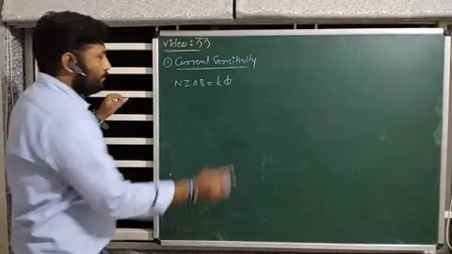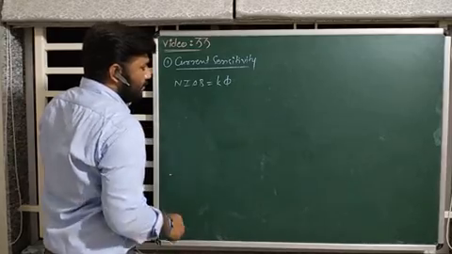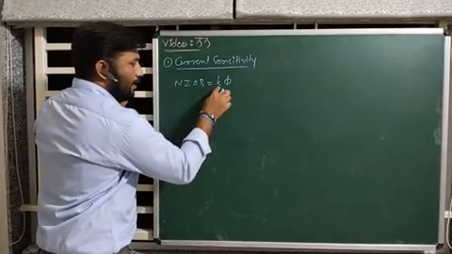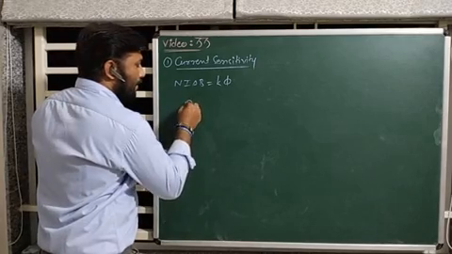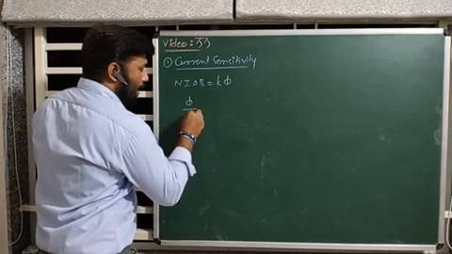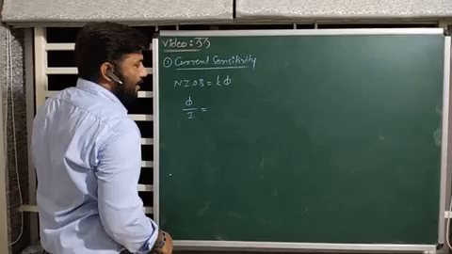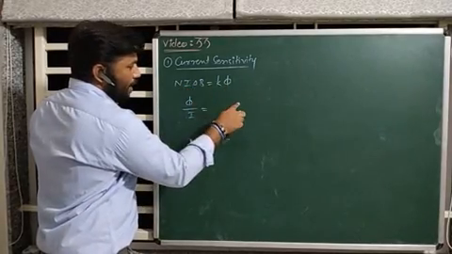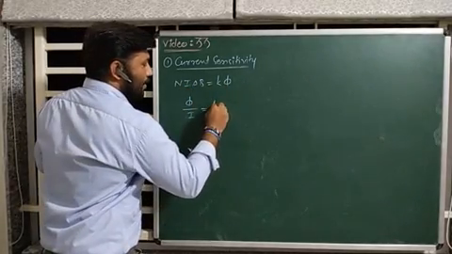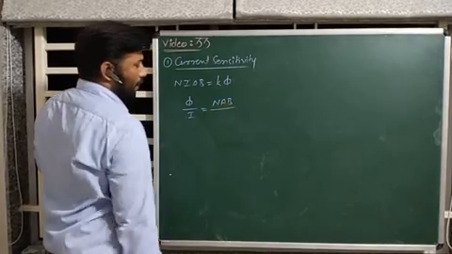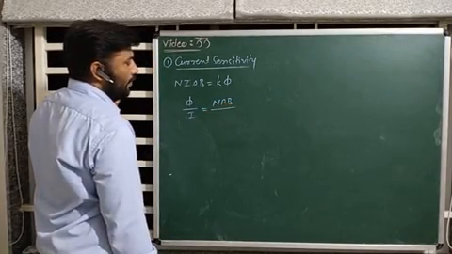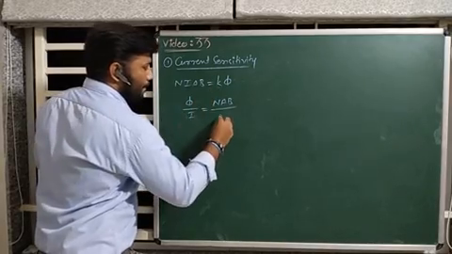Got it? Take I on this side, so we are getting K on this side. So phi by I is nothing but N A B upon K.